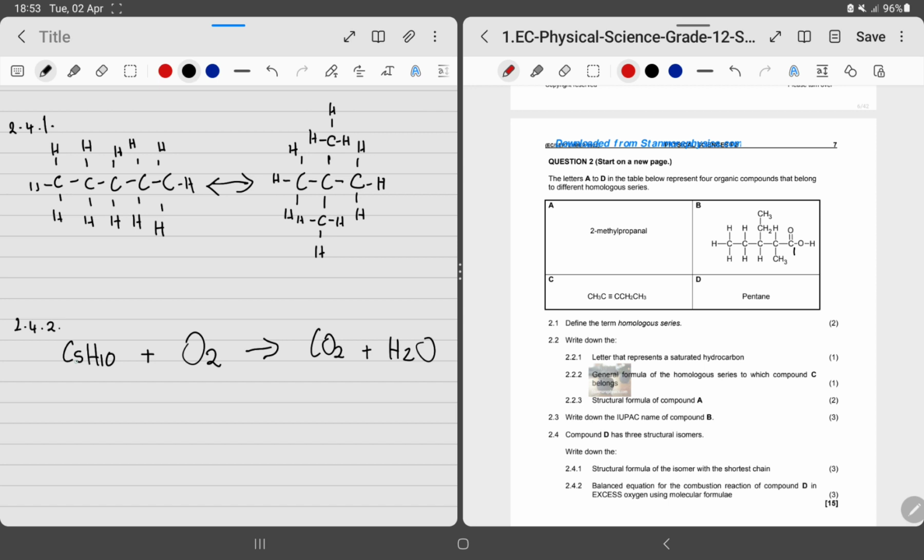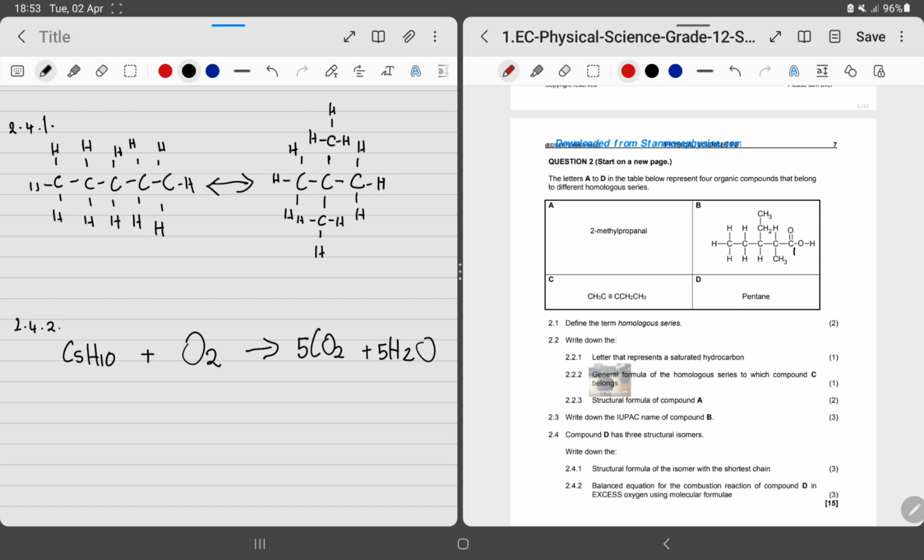Now I have 5 carbons on my left hand side, so I'm going to have a 5 there, and then I have 10 hydrogens, C5, so I have 10 hydrogens. So if I want to have 10 hydrogens this side, I need to put a 5 there. So I have 5 carbons on my left, I have 5 carbons on my right, I have 10 hydrogens, and then 5 times 2, that is a 10.